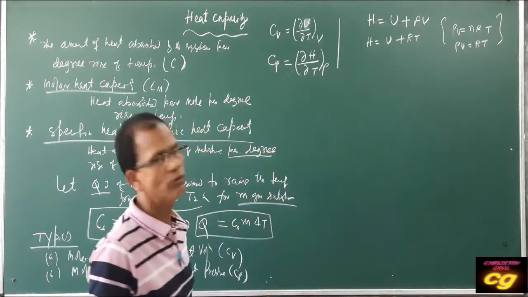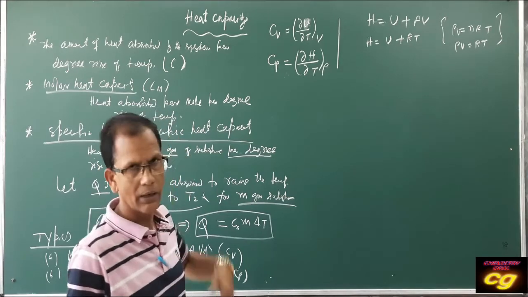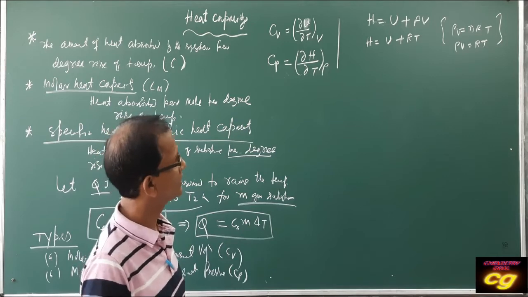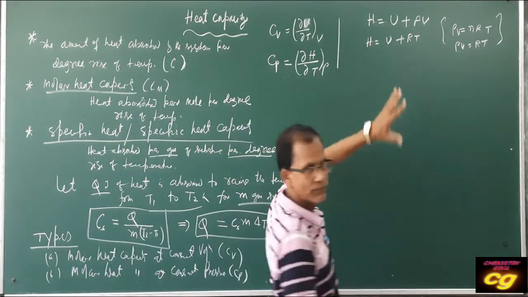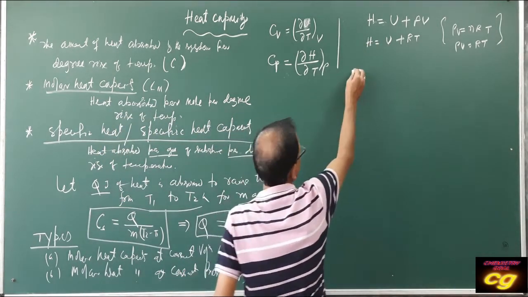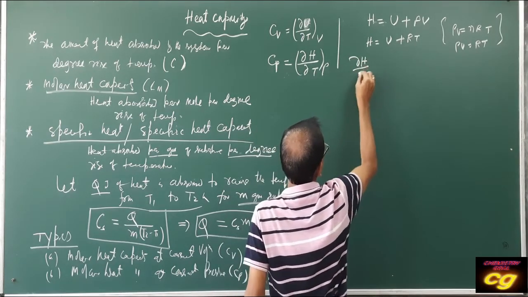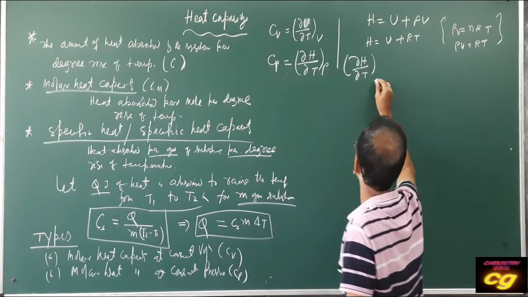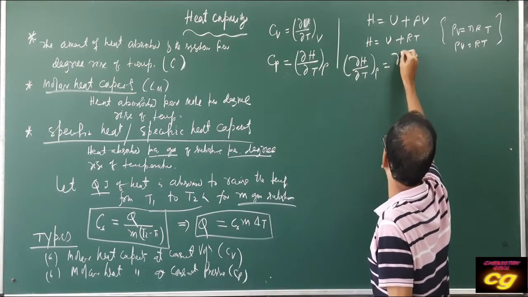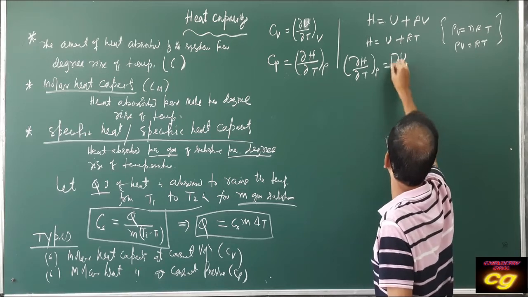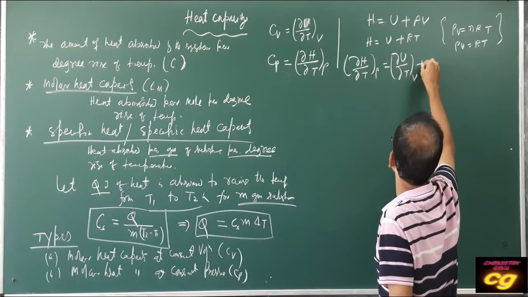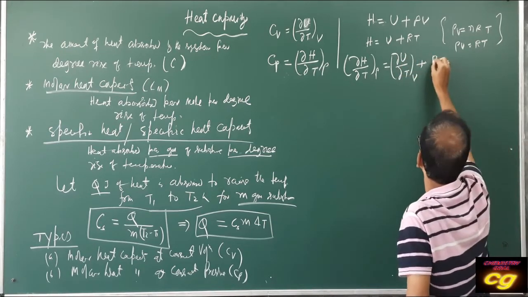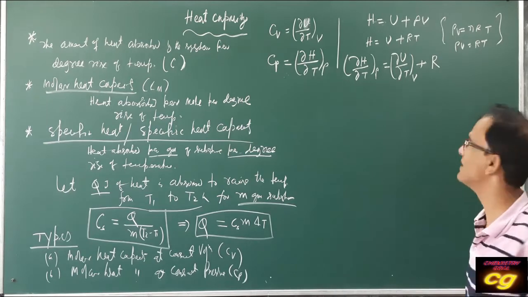If H is equal to U plus RT, and you take the derivative of this equation, it will be del H upon del T at constant P is equal to del U by del T at constant V plus the derivative of R with respect to T, so it will be R. T will be cancelled.